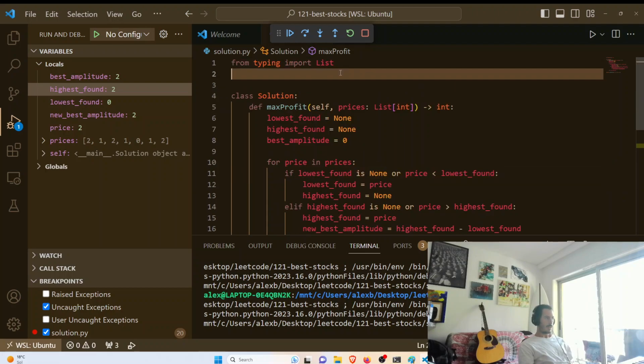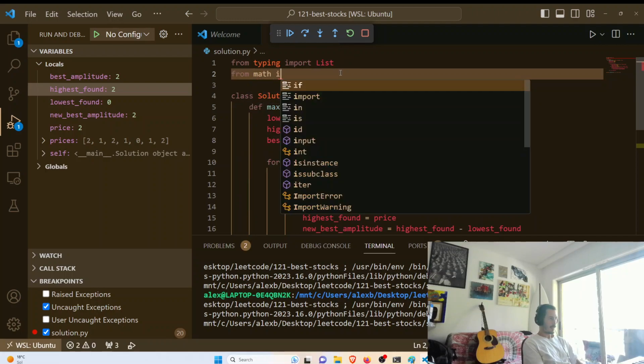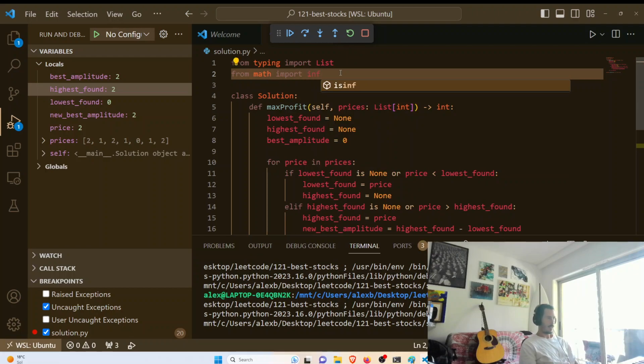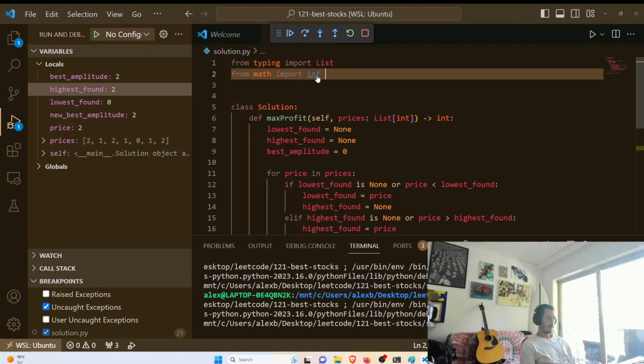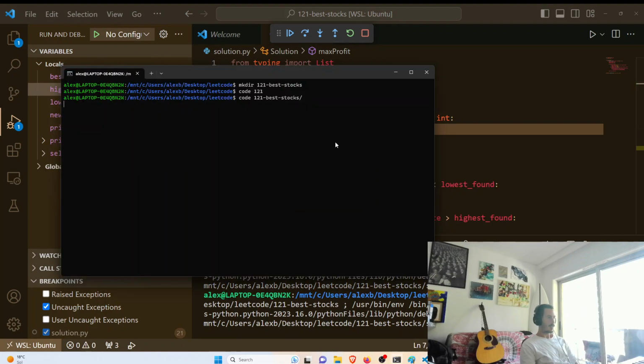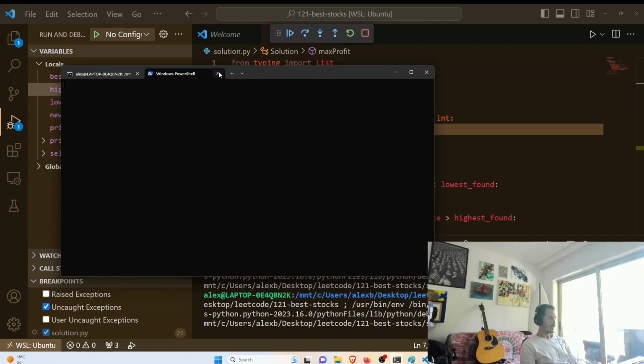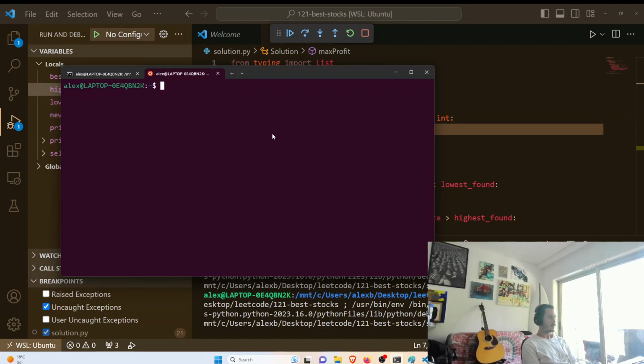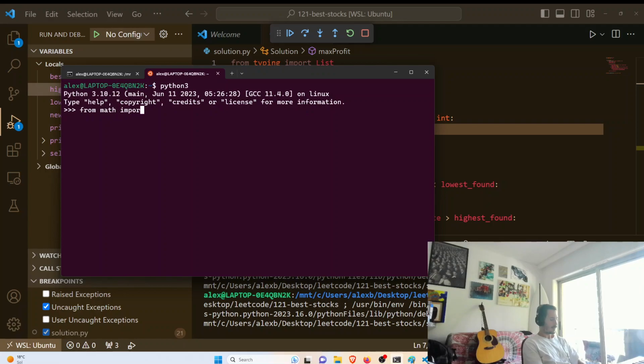What we could do to make this without any None is from math import infinity. So what you could do here is use infinities. I think we can do minus infinity. Let's see if I can do that. In Python 3, from math import inf.